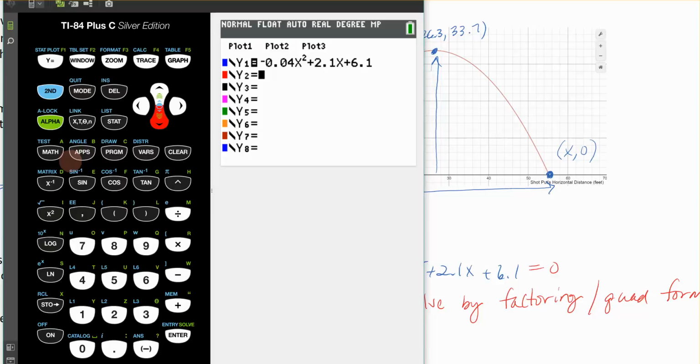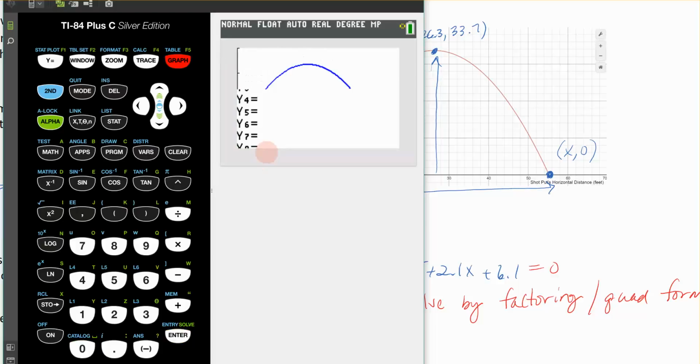So we're going to let the second equation that we graph be y equals 0, because that is the horizontal line representing the x-axis. And when I graph it this time, you can see this red line that appeared now on my x-axis. So I'm just trying to get the calculator to do an intersection for me.